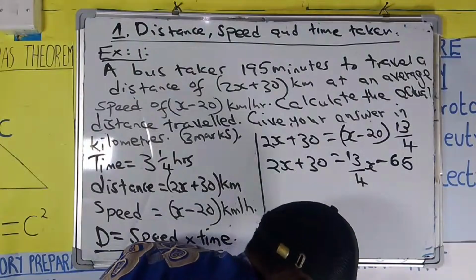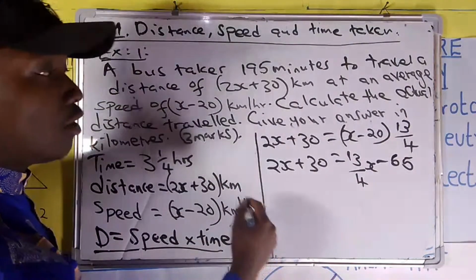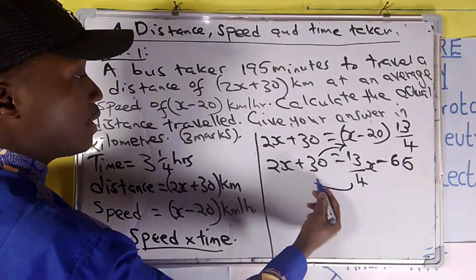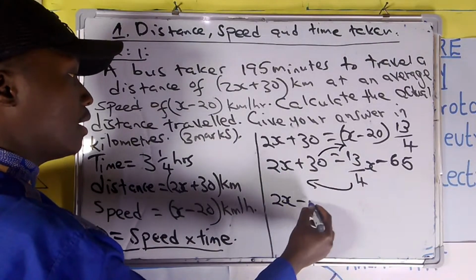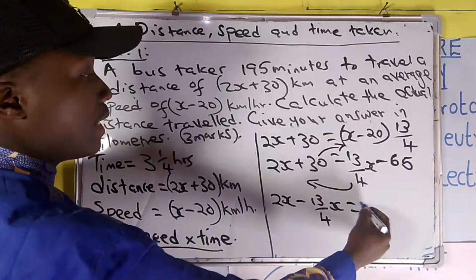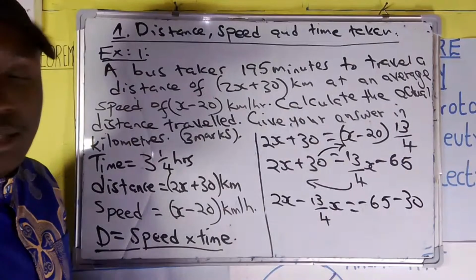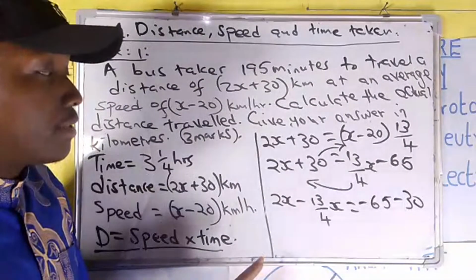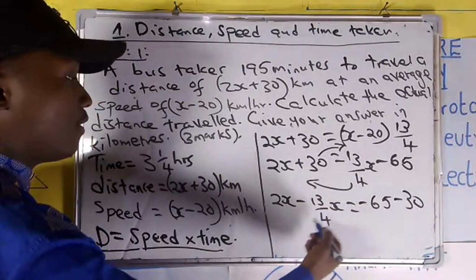So what we are now going to do here, we will put the like terms together. We will take this to the other side and bring this to this side. So we are going to have 2h minus 13 over 4h is equal to negative 65 minus 30. Why minus 30? Because when you take positive 30 to the other side of the equal sign, it is going to be a negative. So what is 2h minus 13 over 4h?